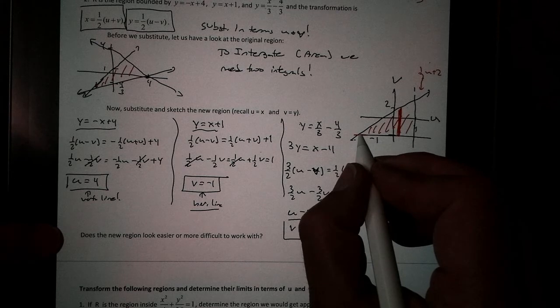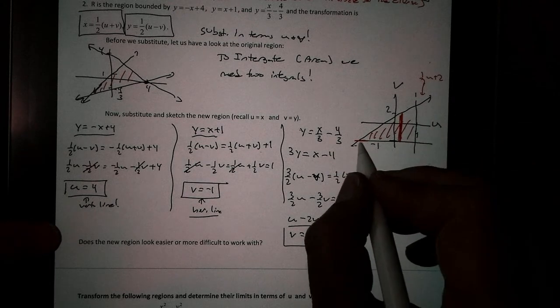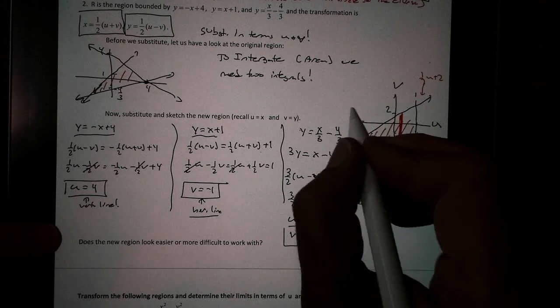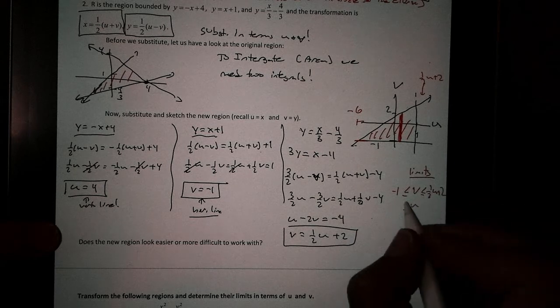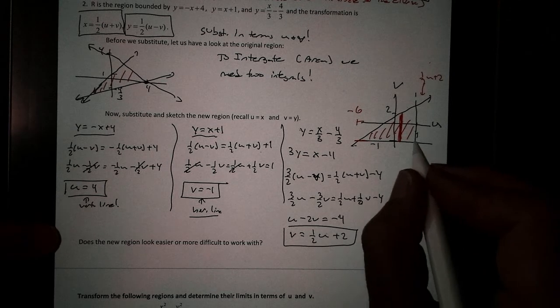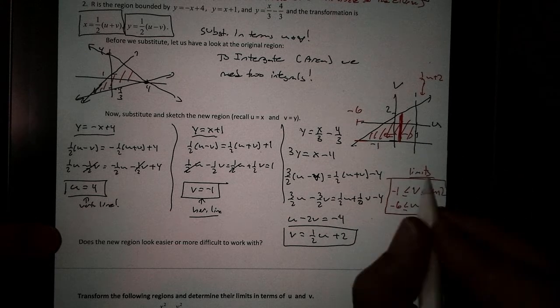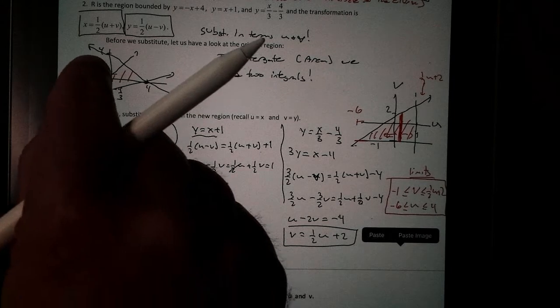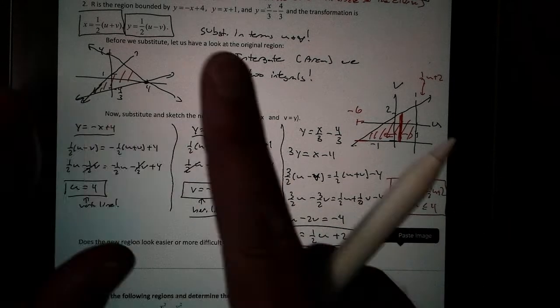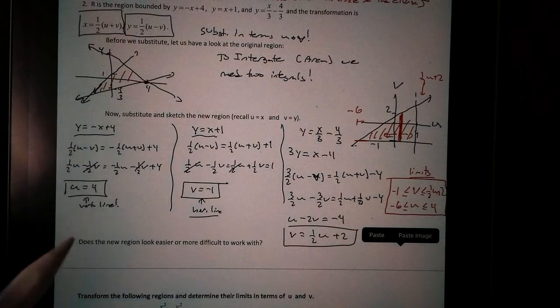They intersect. I can continue the line down here. When v is negative 1, my u is negative 6. So it starts at negative 6 and goes all the way to 4, where they meet. And there's our limits. And these limits are easier. Even though it's a little bit more work, the limits are going to be easier than dealing with this base here, where I have to split up an integral, especially when we have to solve it.